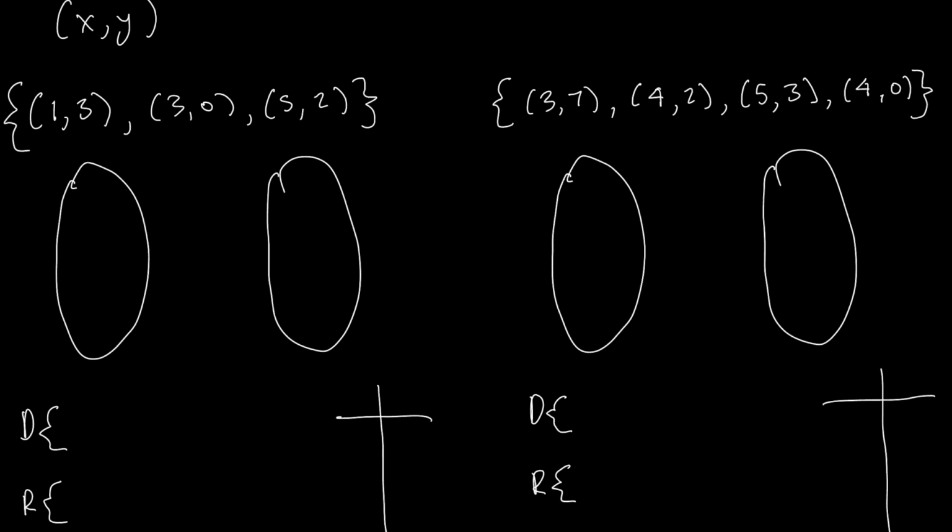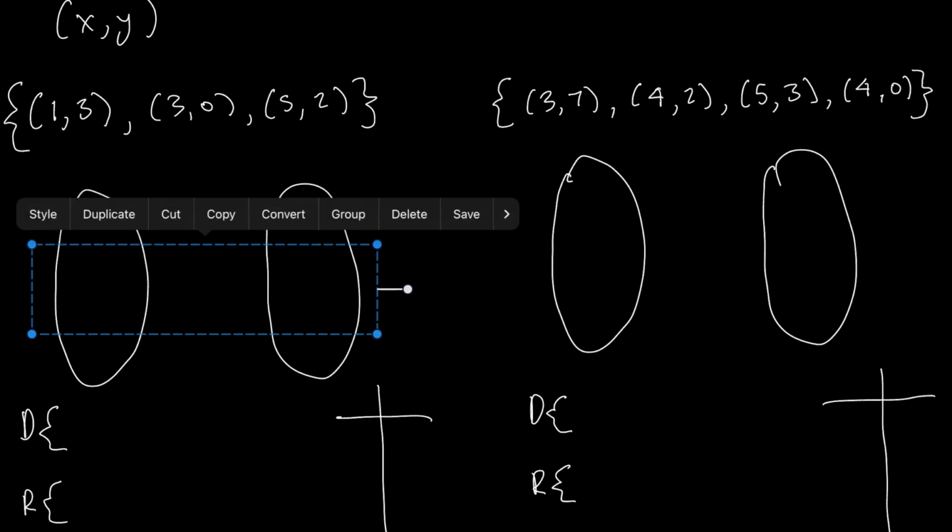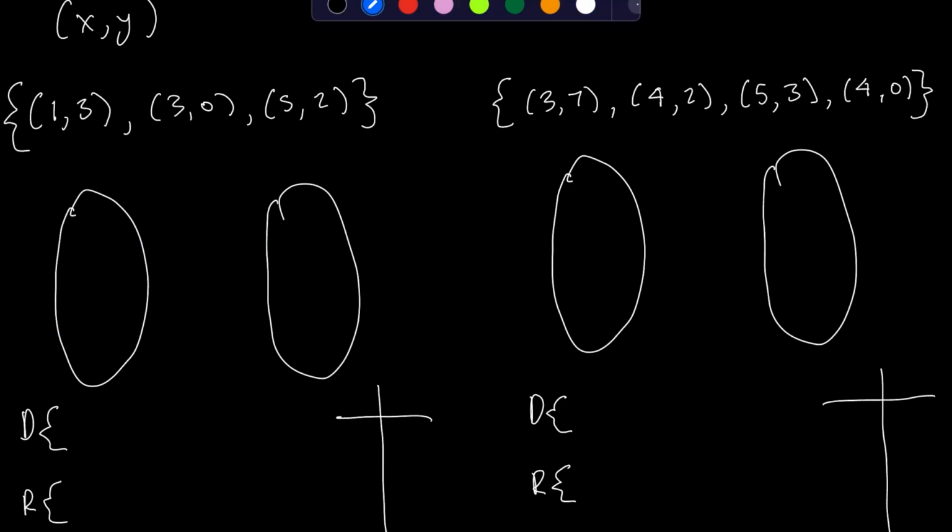So with these circles, which I'm going to move down a little bit, let's label them domain and range because we want to separate the x values and the y values, the inputs and the outputs. Because we want to determine if this is a function or merely a relation. Domain, and here we have range.